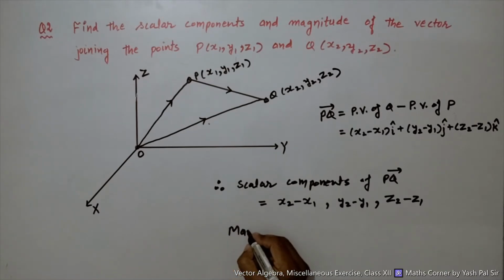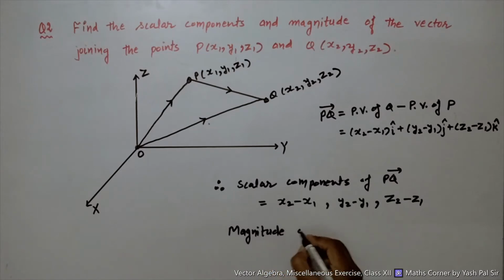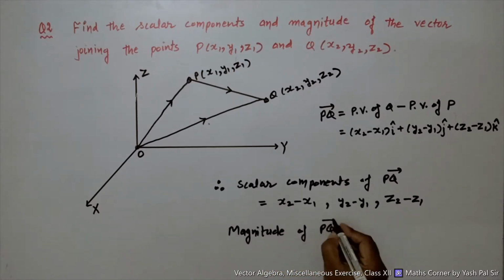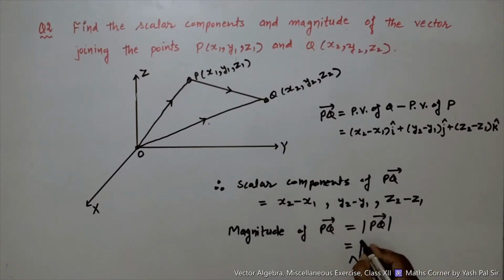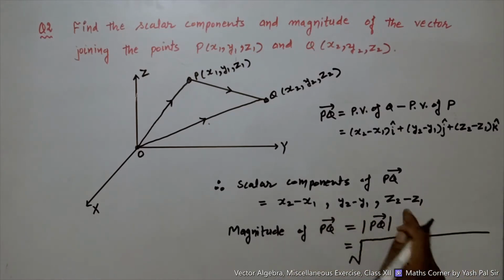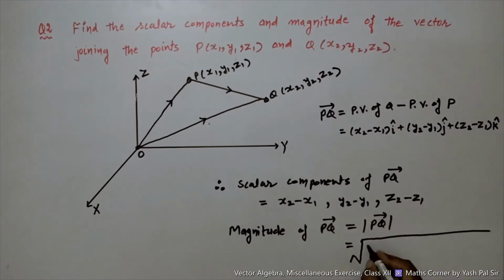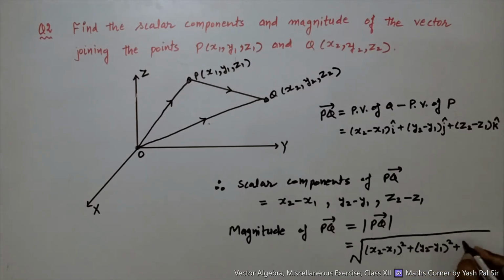So here magnitude of PQ is equal to, symbolically we write this way, square root of sum of the squares of scalar components, that is x2 minus x1 whole square, y2 minus y1 whole square plus z2 minus z1 whole square.